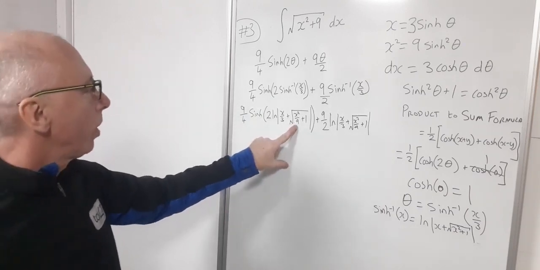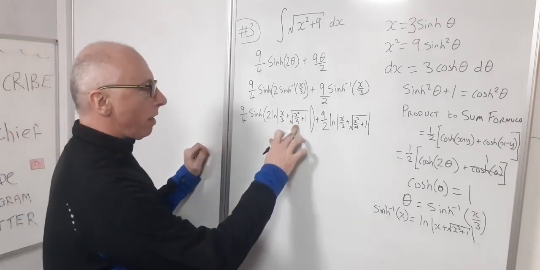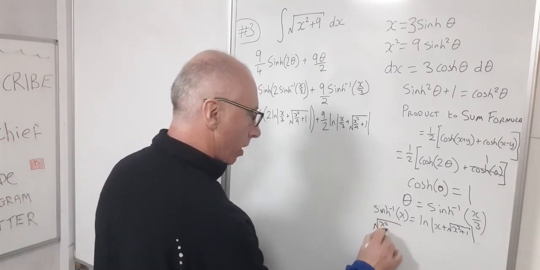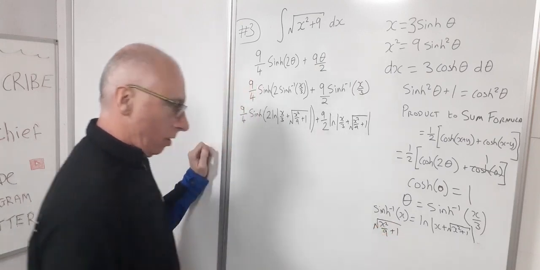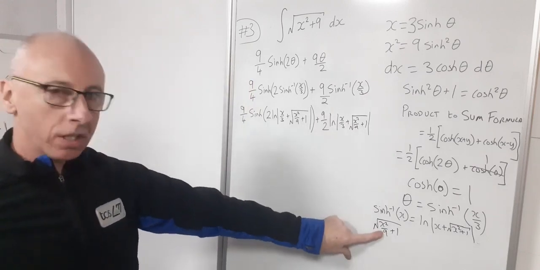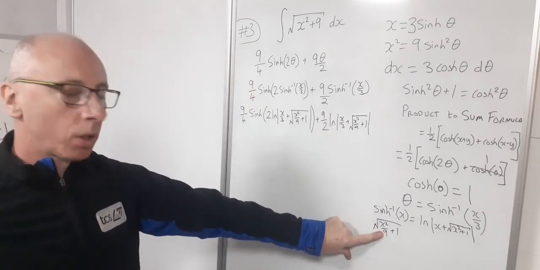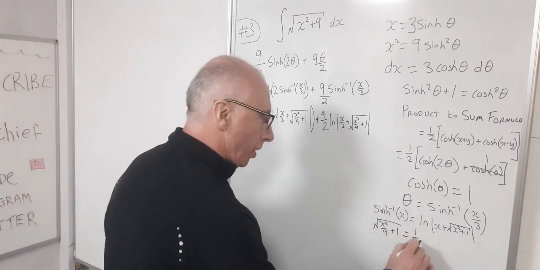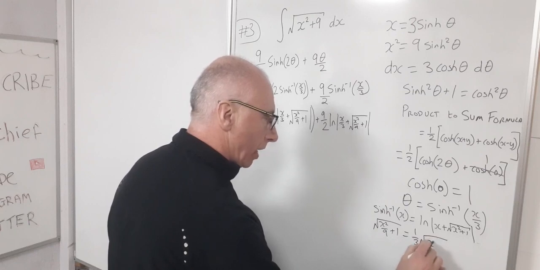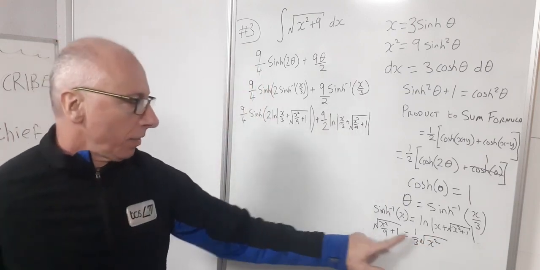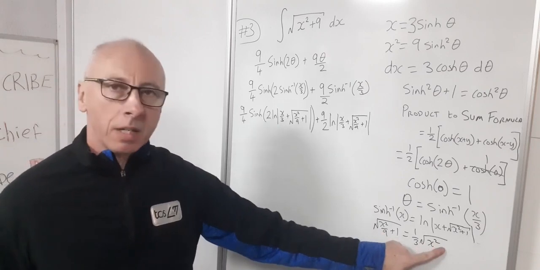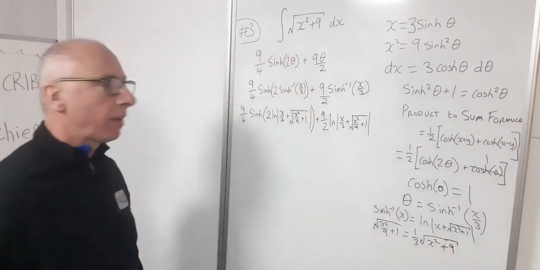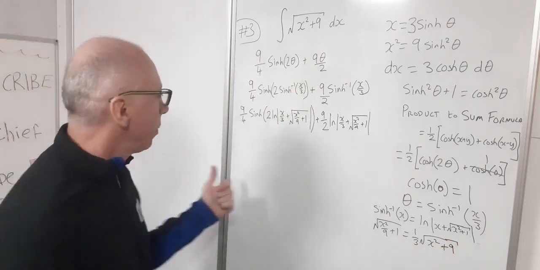So this one here, what I could do is my square root. If I've got square root of x squared over 9 plus 1, what I can do is take the square root of 9, which is in the reciprocal, so square root of 1 over 9, that would just become 1/3 times the square root of x squared, as I've taken that out, and then all I have to do now is plug in a 9. So these would then become the same value, so I can do that for both of these.